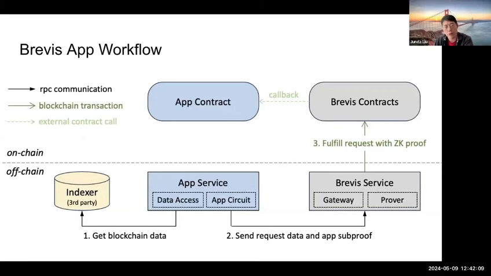So I will show you actual API examples, and then you'll immediately understand what I'm talking about: MapReduce-style data analytics APIs. On a high level, the workflow is that the developer's off-chain component runs some query to an indexer or RPC endpoint to collect the data points. It could be transactions or receipts.